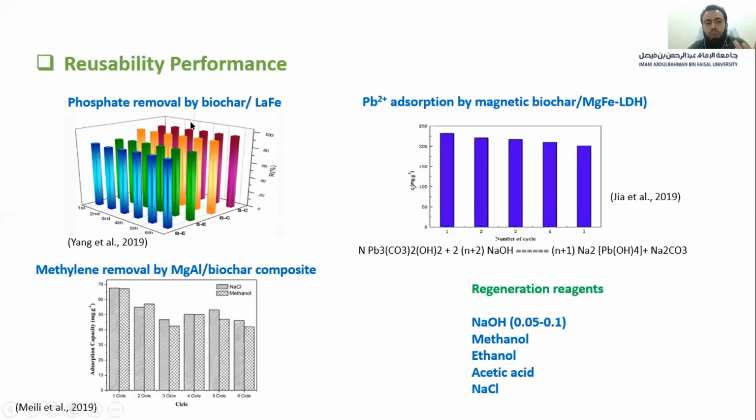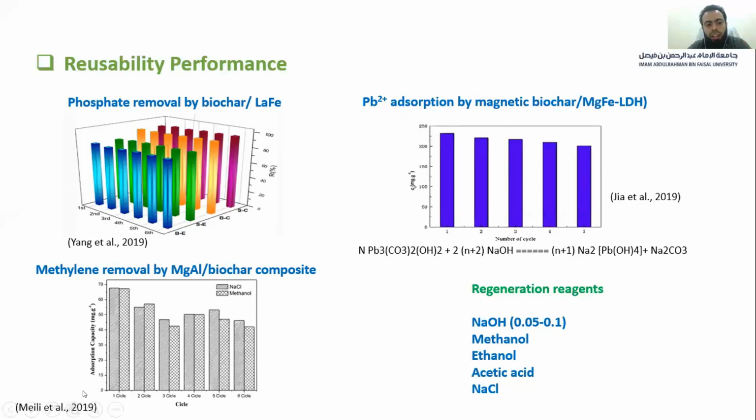The removal performance is almost the same, up to 100%, which is comparatively attractive and promising. Similarly, for lead ion, using magnetic biochar composite, you can see here, the adsorption capacity reduced by about 10% up to 5 regeneration cycles.